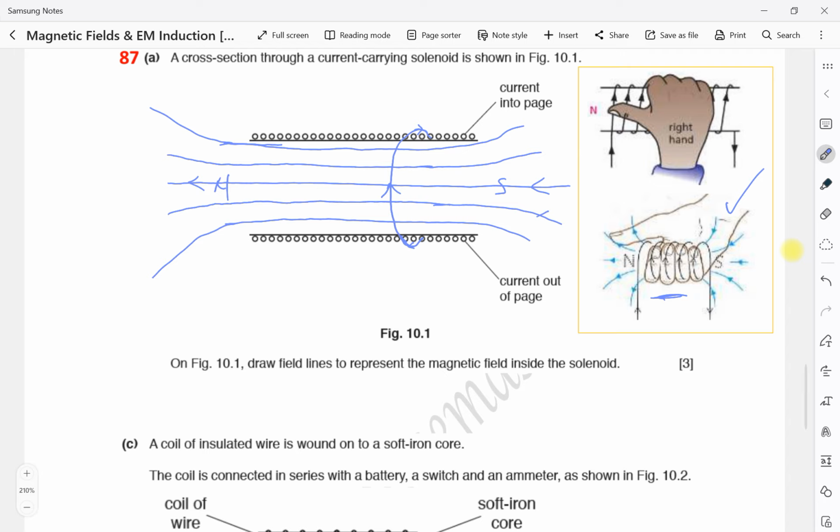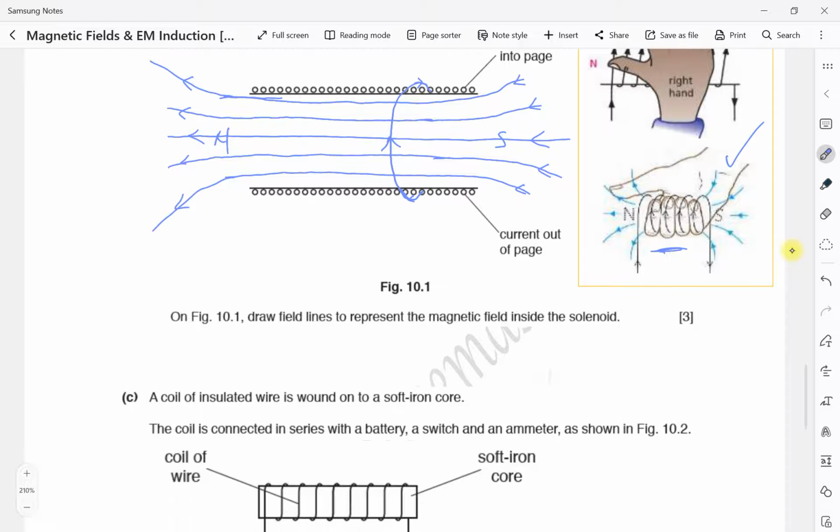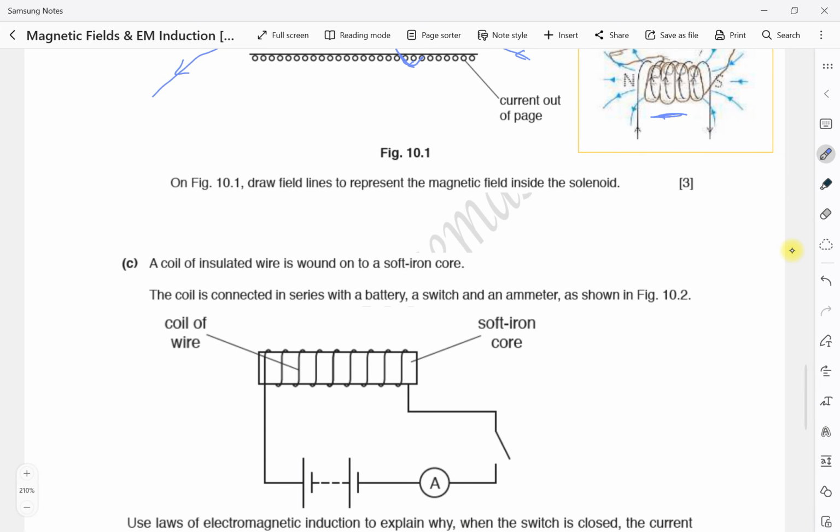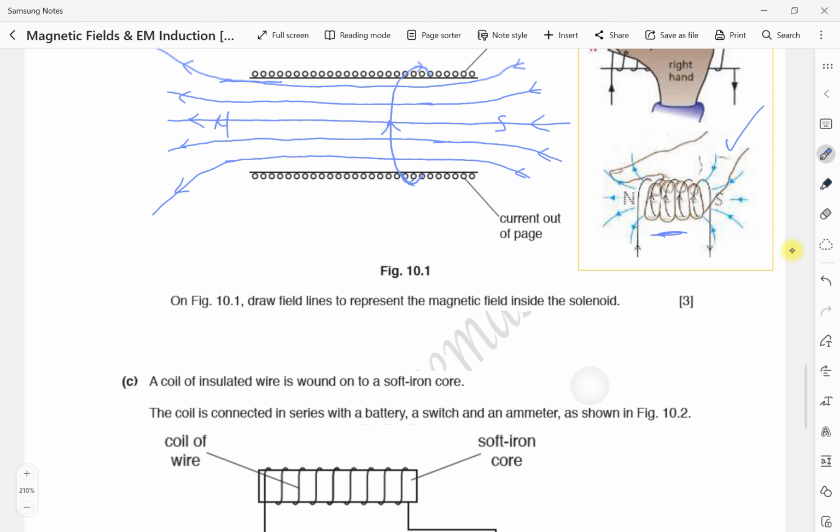Okay, so the field lines are going to be like this. Remember, at the center, you draw a straight line. So that is the magnetic field pattern in there. Make sure you draw at least 3 field lines. I've drawn 1, 2, 3, 4, 5.